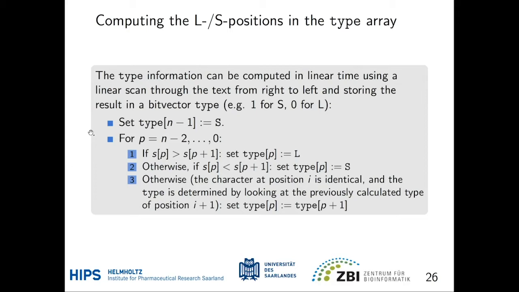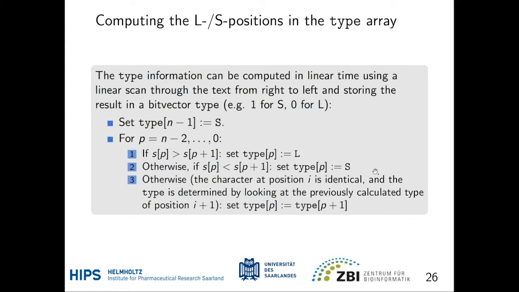So how can we construct the array type? For the last position of the array, by definition, we just define that it is an S position. And then for every previous position in the array, we can compare the character at position P with the character at the next position. If it is larger, then we can directly define position P as an L position.